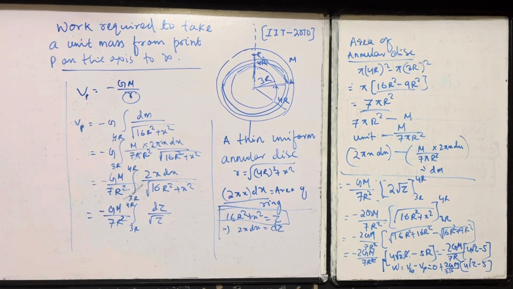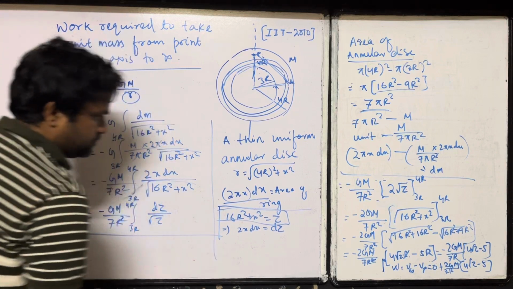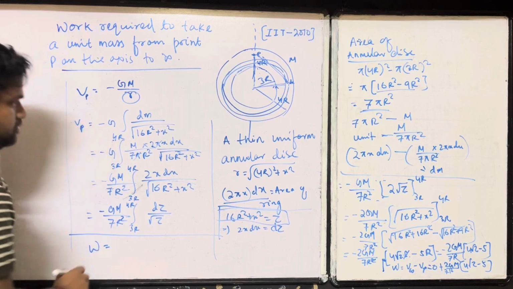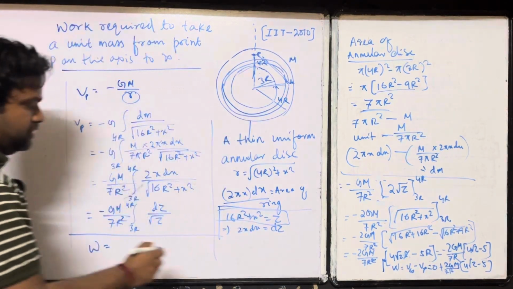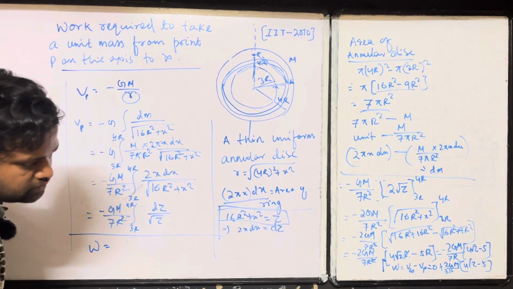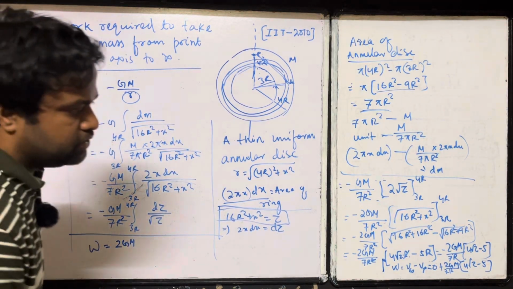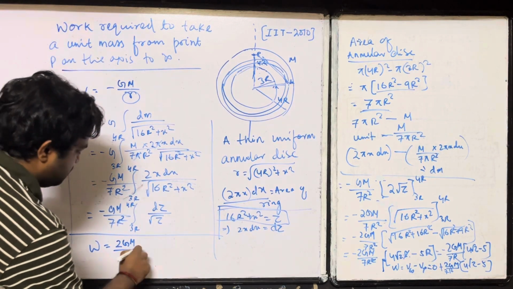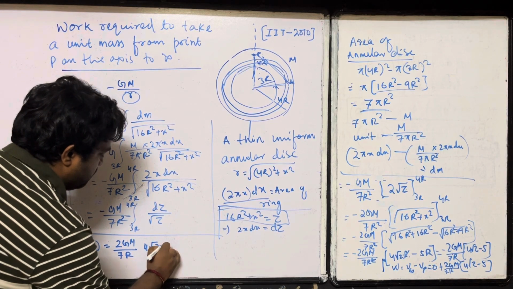Let me write the answer again: the work done for taking the unit mass from point P to infinity is 2GM by 7r, times 4 root 2 minus 5.